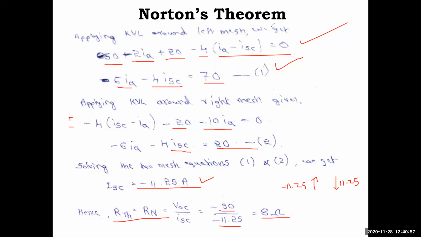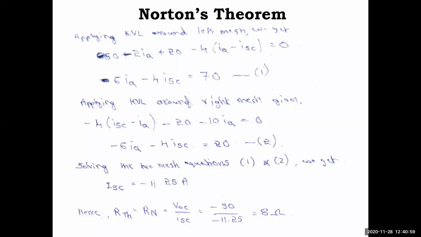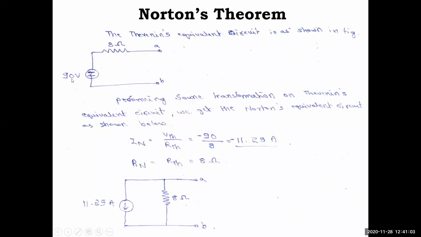So now finally we have to write the equivalent circuit. You got the VTH and RTH now. So conventionally it will be a voltage source in this manner, plus minus, and it is in series with the resistor in all the Thevenin equivalent circuits seen so far.